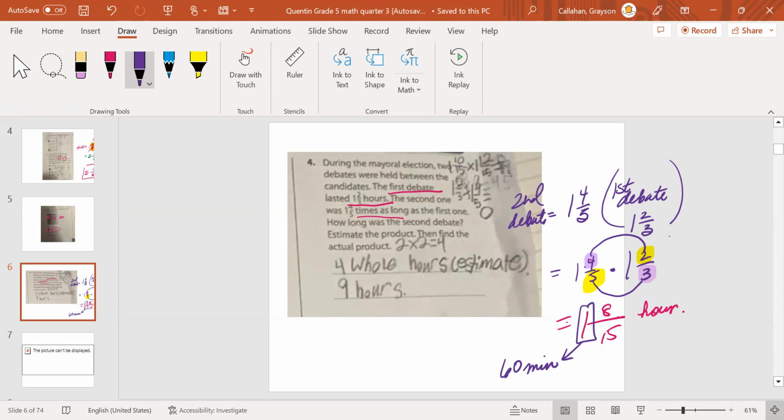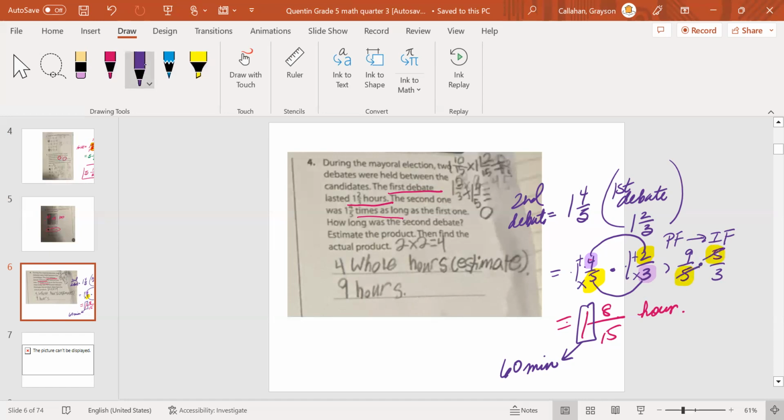Okay, so let's change from proper fraction to improper fraction. Okay, you ready? 1 times 5 plus 4 is 9/5 times 1 times 3 plus 2 is 5/3. Do you see that? Now, what you can do is, do you see how the top and bottom are exactly the same here? Which means you can cancel that.